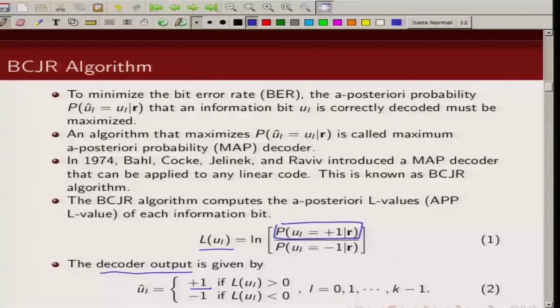We are now going to talk about how to compute these terms in the APP value, and how we can exploit the structure of the trellis of the convolutional encoder to simplify this expression.